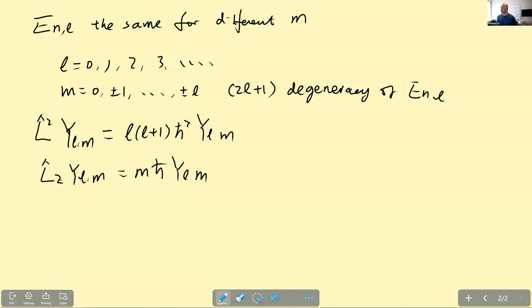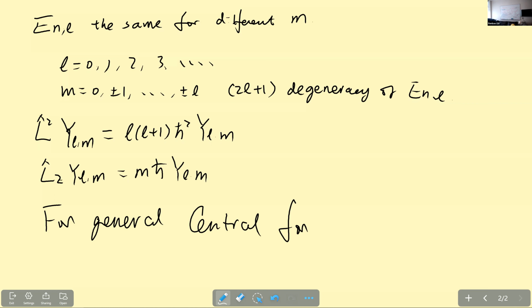Okay, right. So this has been what we have learned last time. Okay, right. So this is the case for general central force problems. Okay. So today we'll try to apply this theory to a very important problem. That's the hydrogen atom problem.